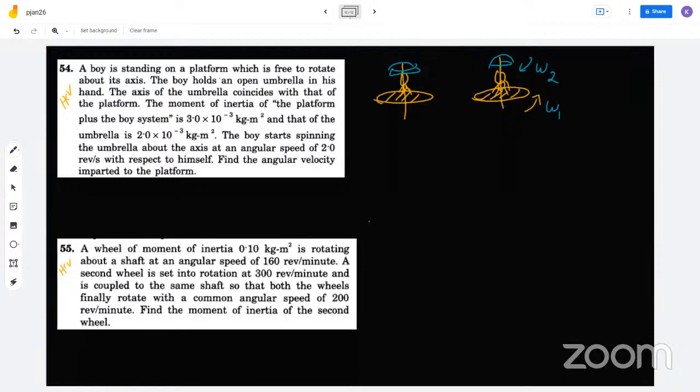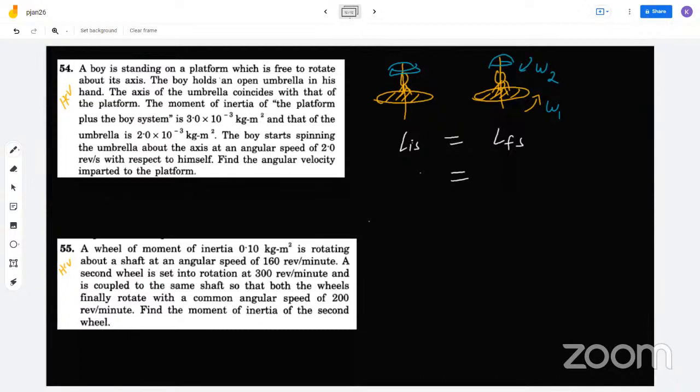So what is the initial angular momentum of system? No, initially all are at rest.